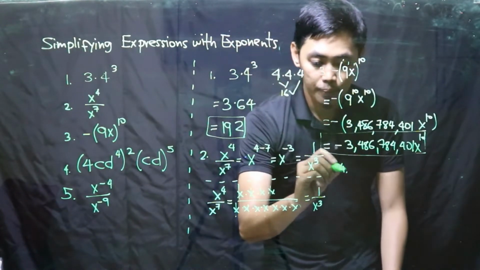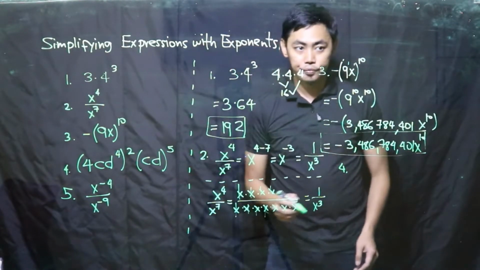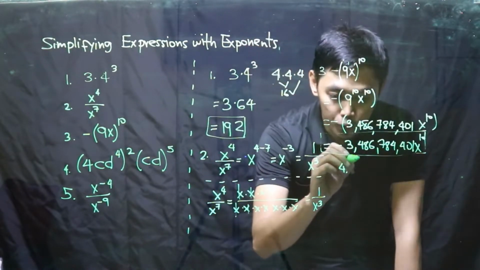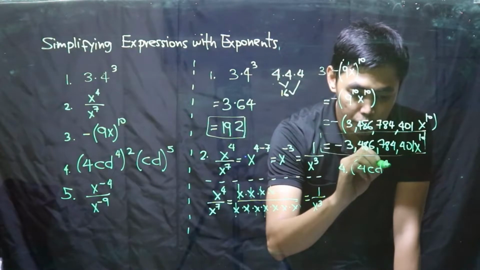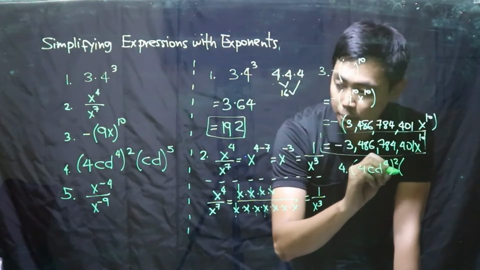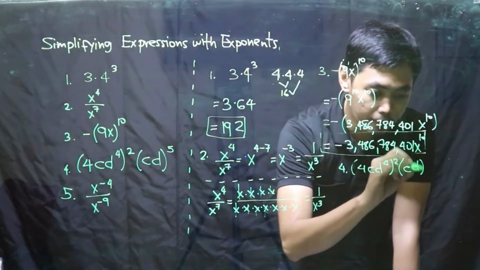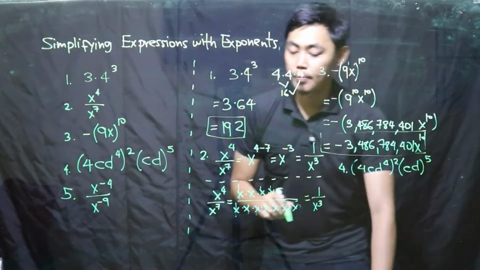Number 4, we have 4cd to the power of 4 squared times cd to the 5th.